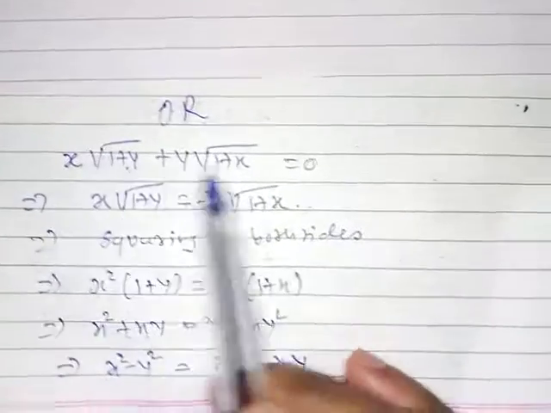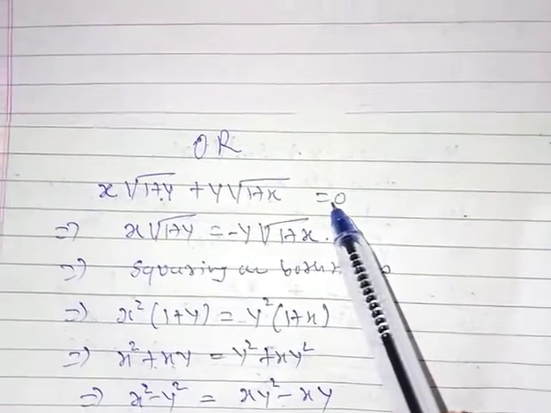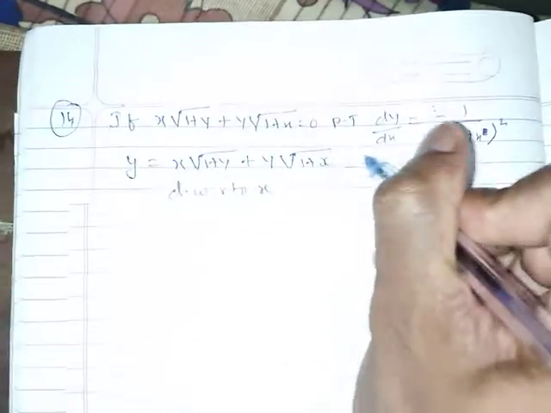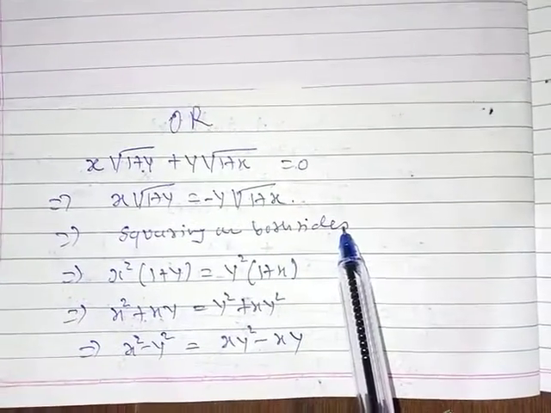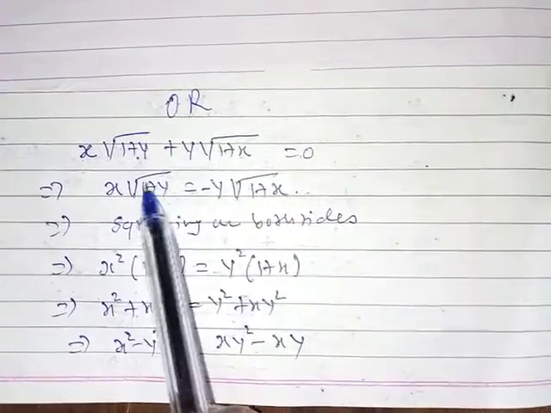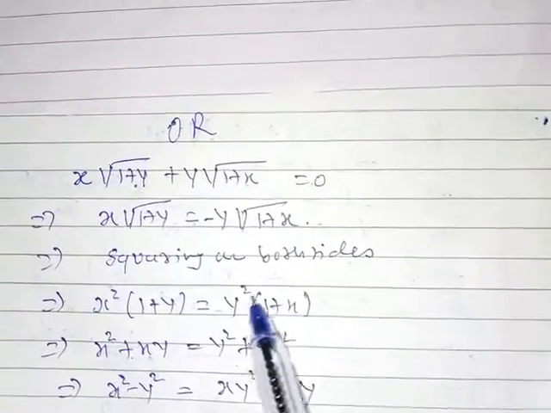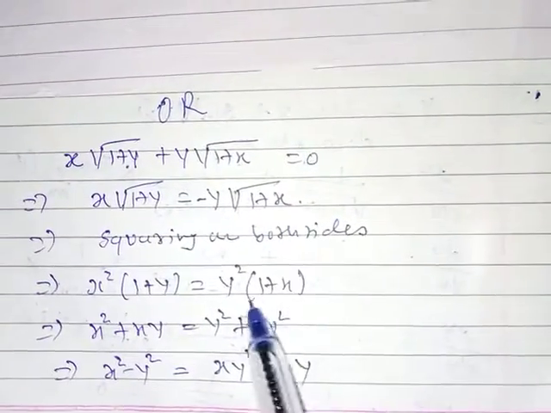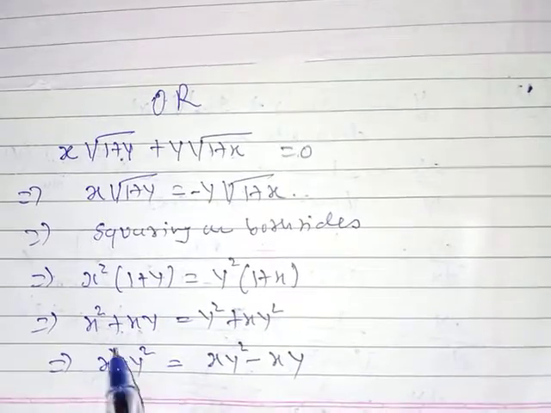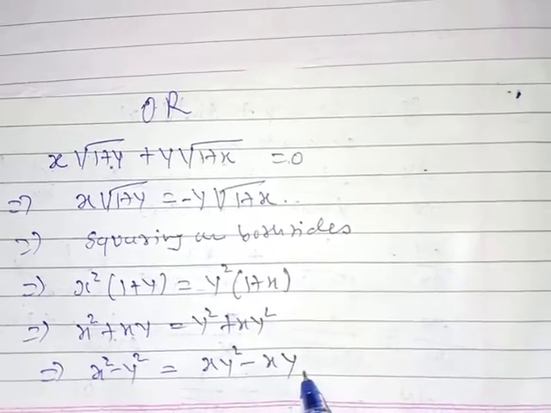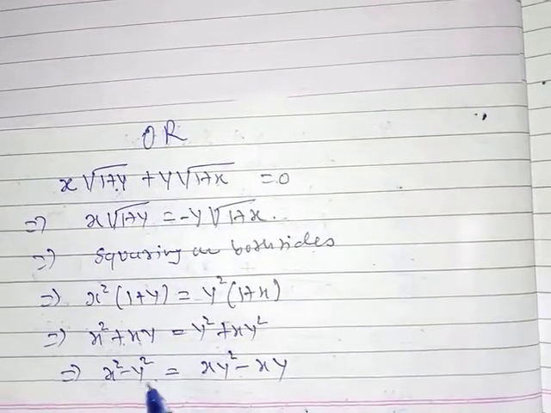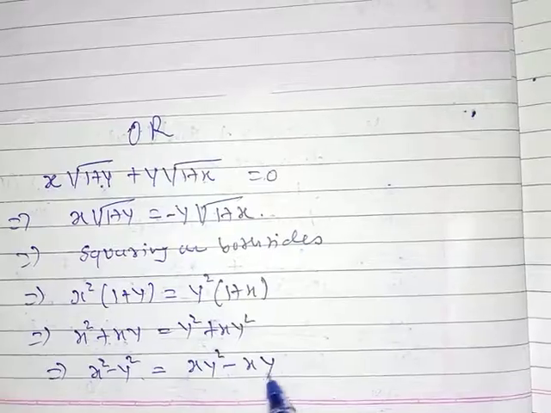So the root will vanish, and it becomes x square (1 plus y) is equal to y square (1 plus x). Simplify it, bring x square on one side: x minus y, x plus y, and take xy common.